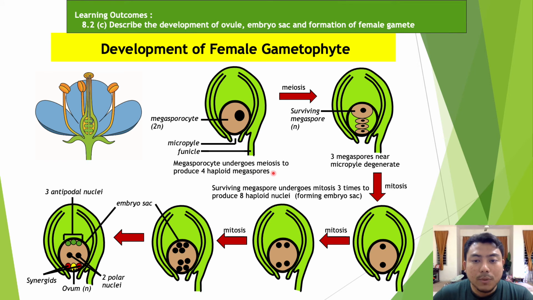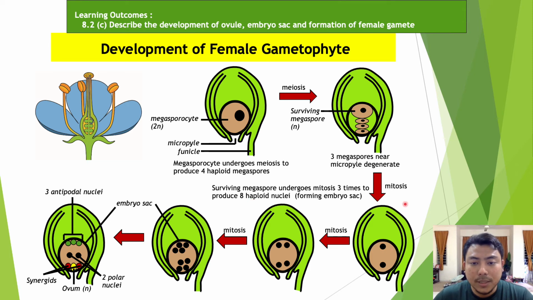Okay, so then what will happen is that this one surviving megaspore will undergo mitosis 3 times, okay, to produce 8 haploid cells, forming the embryo sac. So how come 3 times of mitosis produce 8 haploid cells? Okay, so this is very logical.